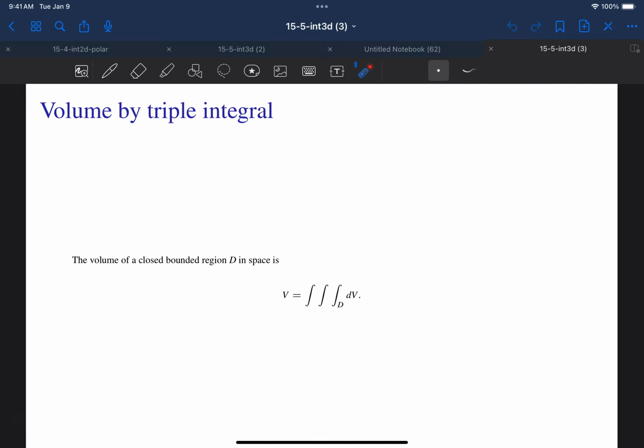Using this definition, we can do a few applications of triple integrals. First of all, if we have a 3D object, what is the volume?